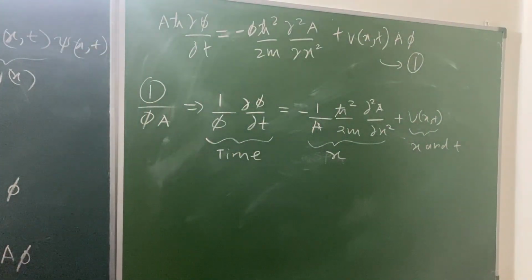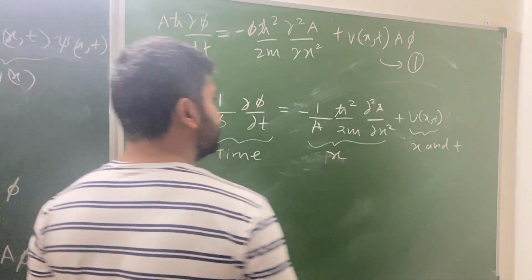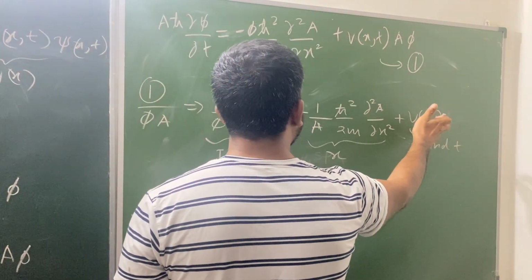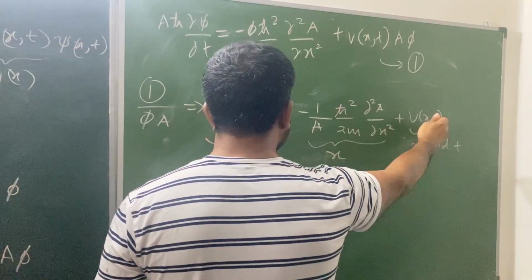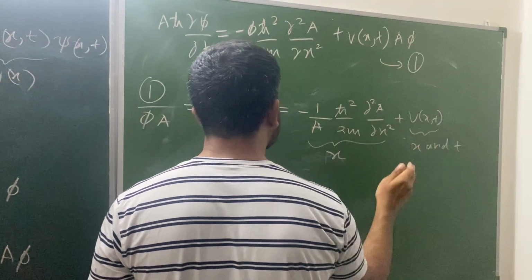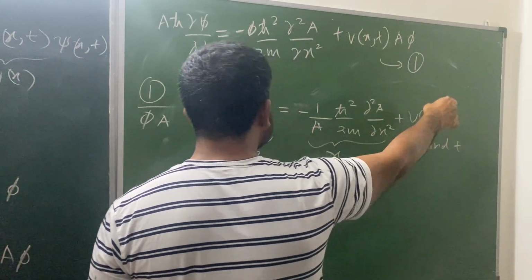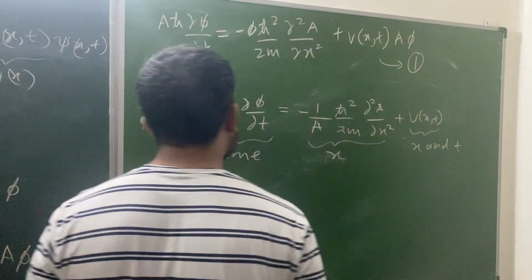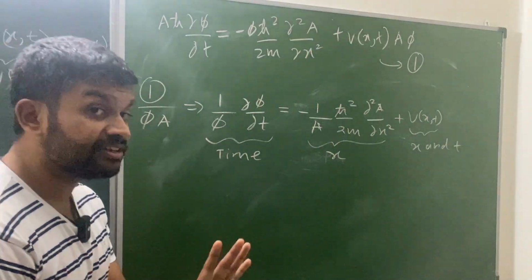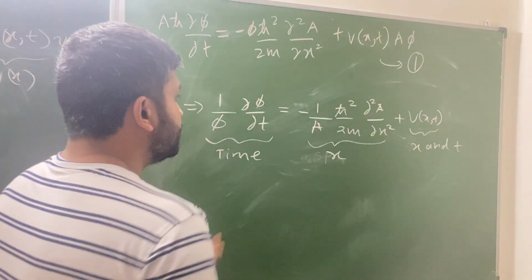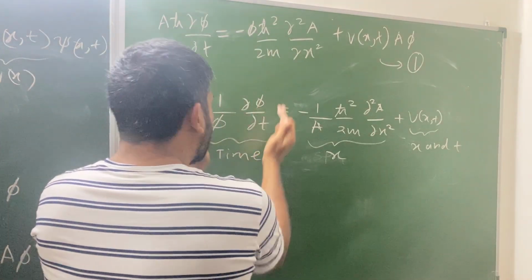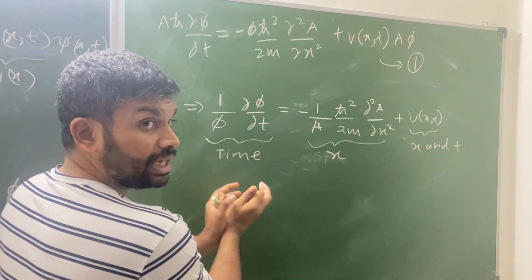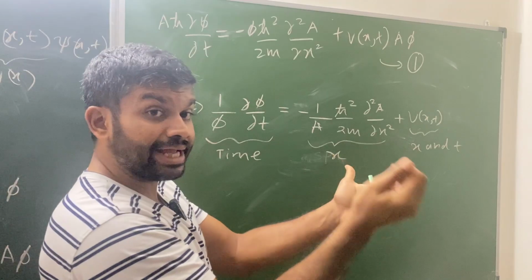Now what if only this factor depends on x instead of time? Sorry, my bad. Only if this factor depends on x instead of time, guys, can I write something meaningful. Because then there is one side which depends on time and another side which depends on x.